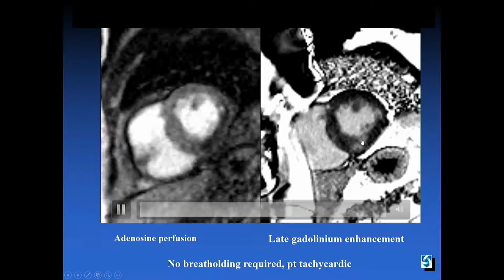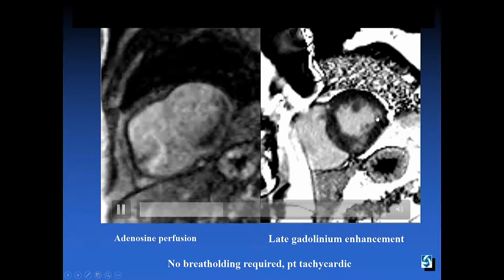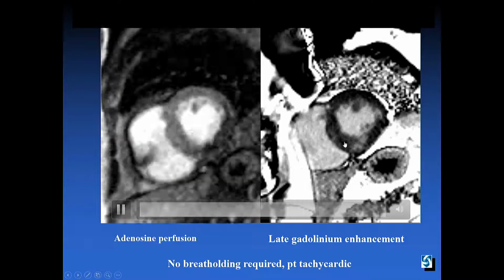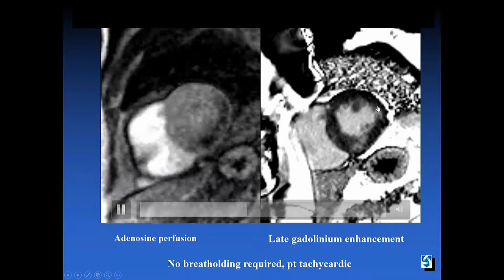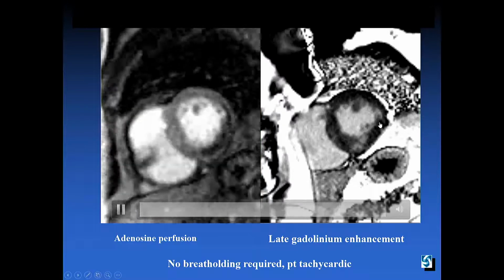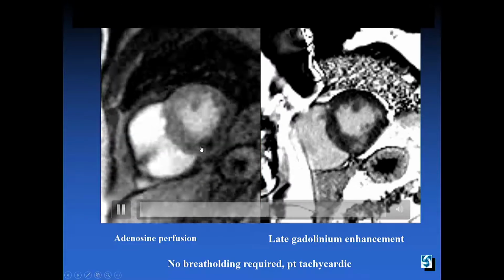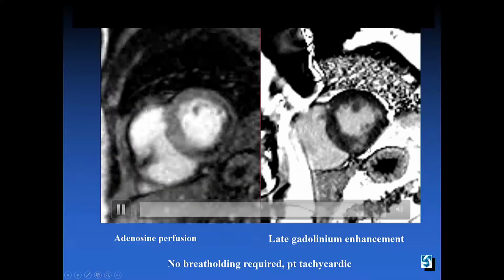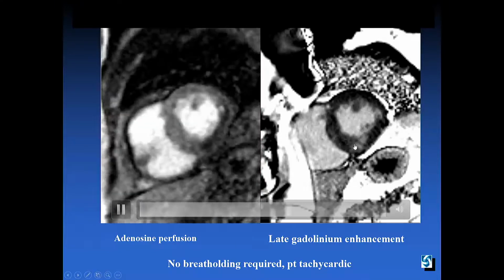One here at 6 o'clock, the other one at around 3 o'clock. But the point is that these infarctions are not in the same coronary territory, suggesting that this patient has multivessel disease with perfusion defect overlying two coronary territories, which is indeed exactly the case.